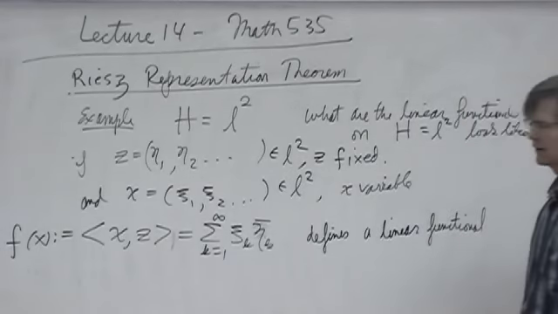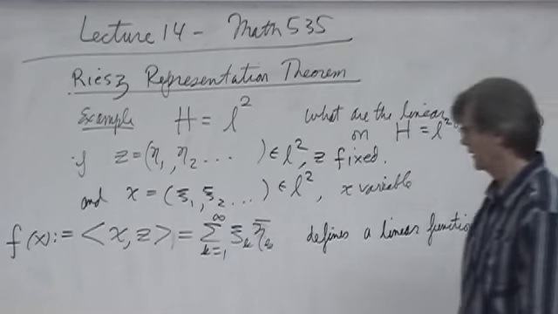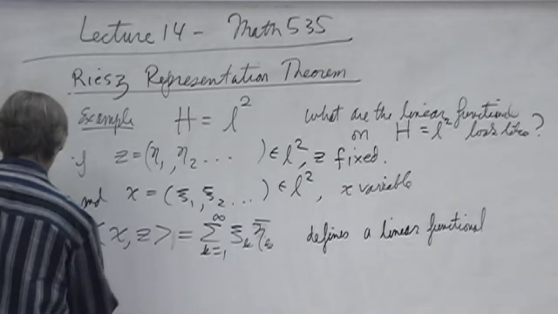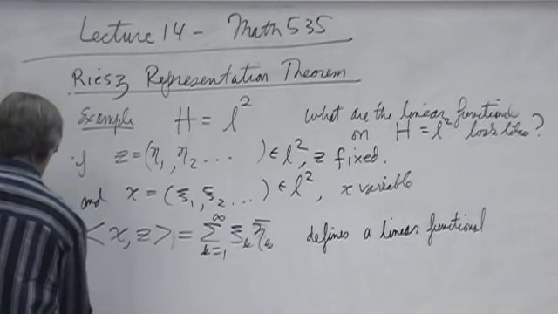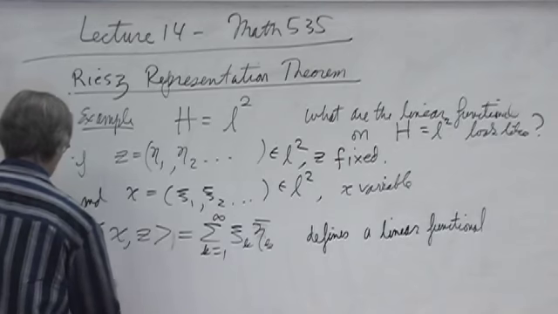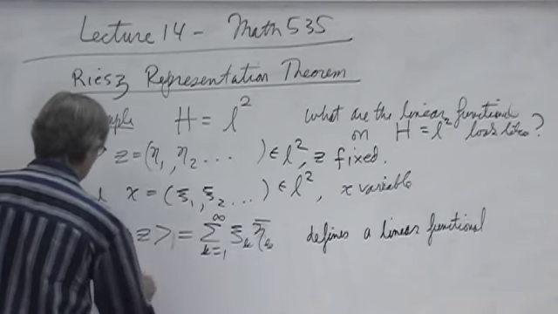Okay, let's just check that. Obviously it's linear. Let's check that: f of alpha 1 x1 plus alpha 2 x2. Do it all in one computation.